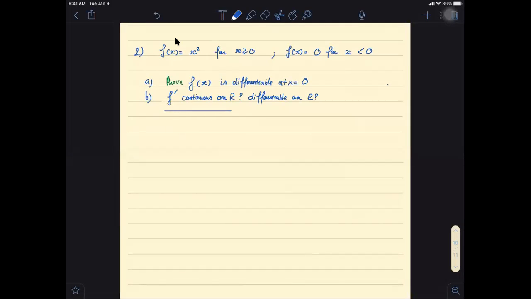Which means if it is differentiable on R, then we have f double prime of x on R, right? So the first thing you want to do is prove f of x is differentiable at x equals 0.